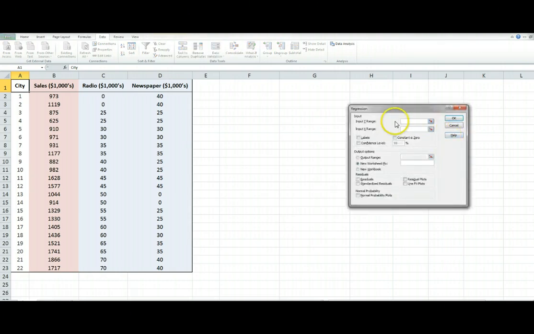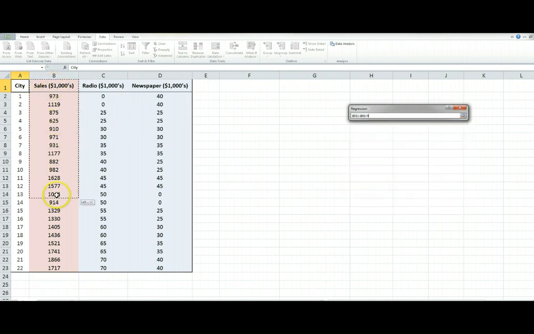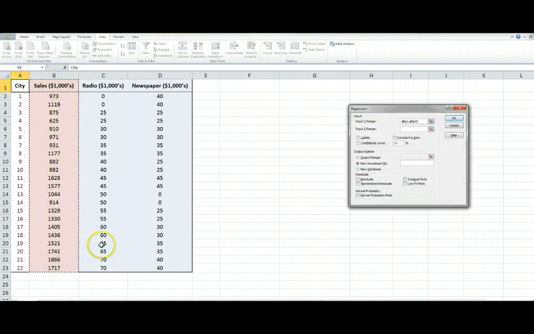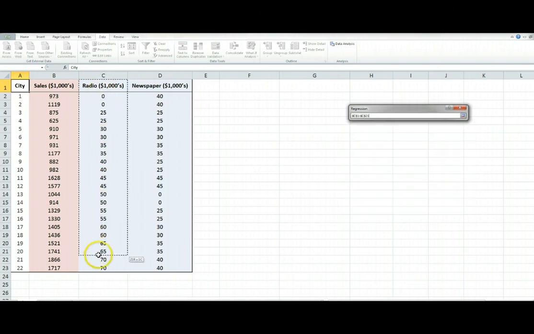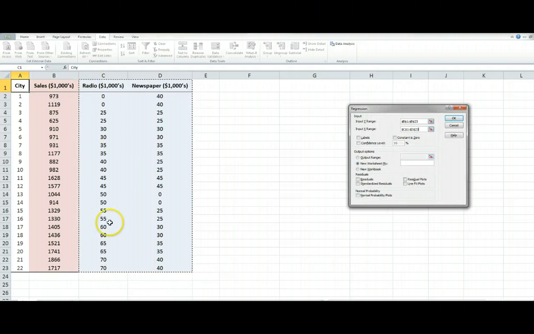Okay. Drop-down box. The input variable is sales. The X range from C1 down to C23 and then over to D23. So we've got those two columns.